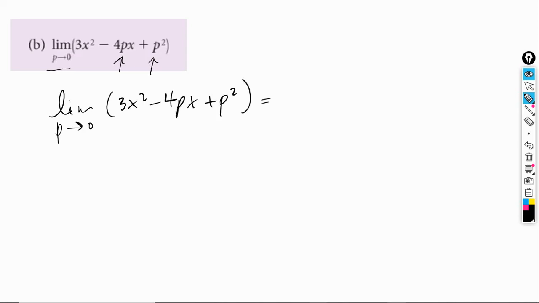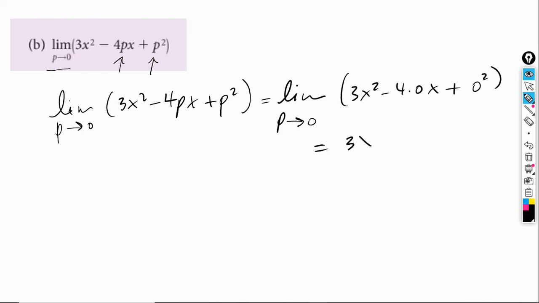And let's just plug that in, but don't forget to rewrite limit. So limit as p approaches 0 of 3x squared minus 4 times 0x plus 0 squared. So this would equal simply 3x squared because this is 0 and so is this.